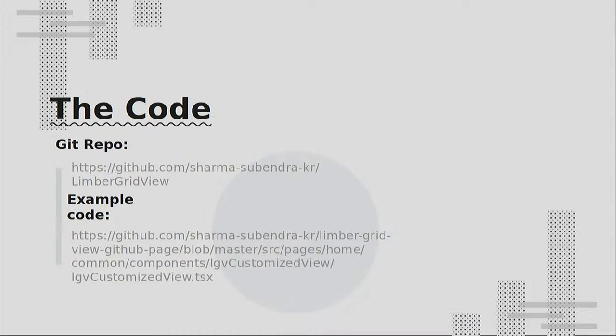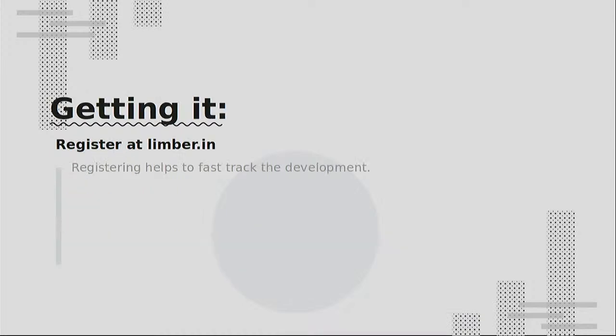If you want to get it for your application, it's currently in beta version, so it will take some time. If you register, it will probably get fast tracked, and you might have a stable release in 6 months, probably. So that is how you can get it.